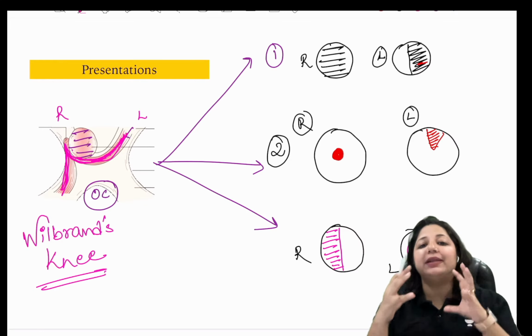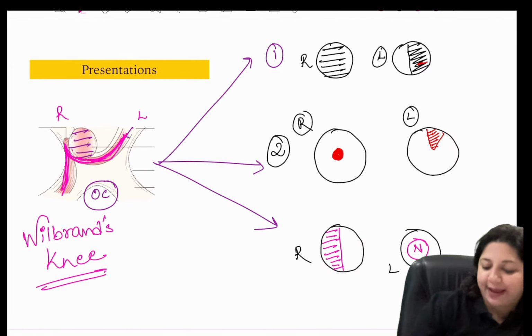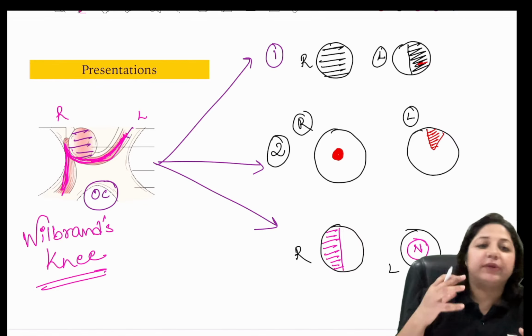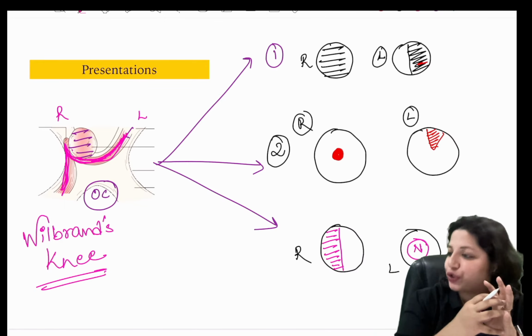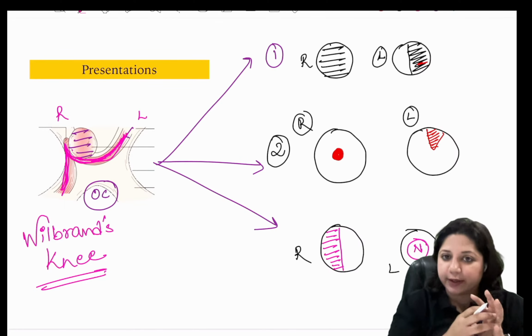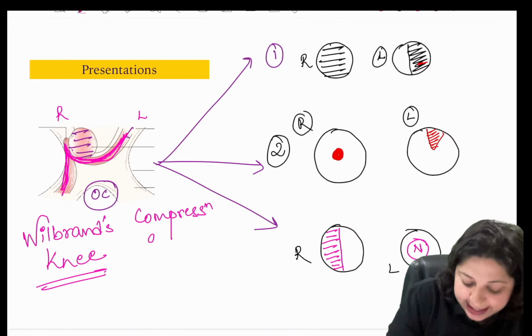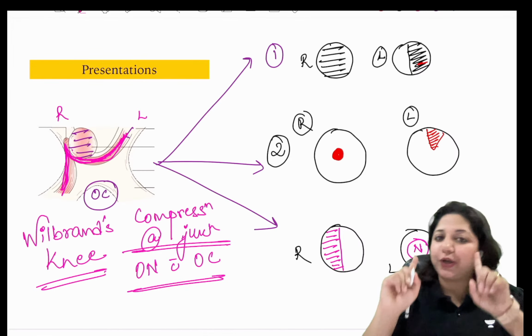So all these three depend, and the left eye stays normal. The presentation depends upon the size and the compression it is causing on the nerve. So all these occur when the compression is at the junction of optic nerve with optic chiasm, right?